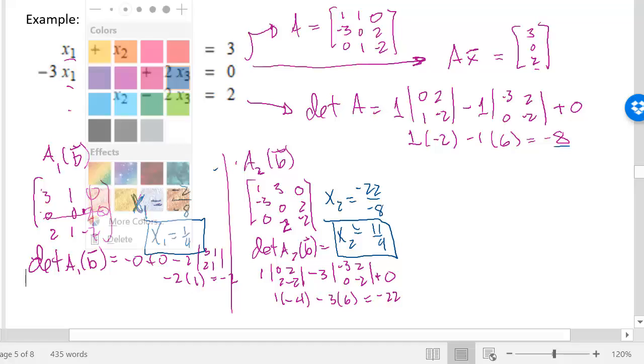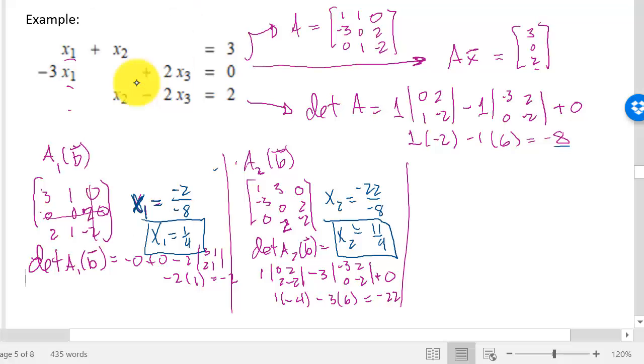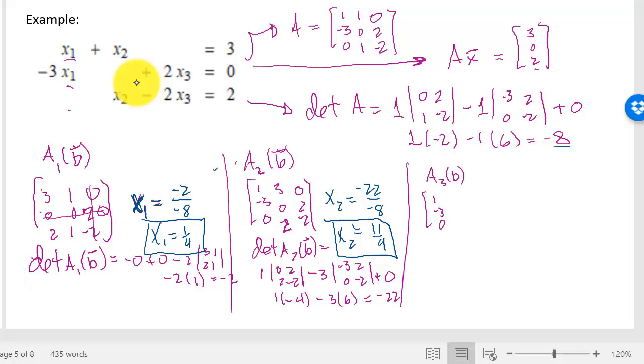Okay, let's carry on to the last one. We have A sub 3 of B, and we get 1, negative 3, 0 going down the column, 1, 0, 1 and 3, 0, 2. And the determinant of this A sub 3 of B is going to equal, looks like we can expand on the second row. We start off with a positive here, and this is a negative here.